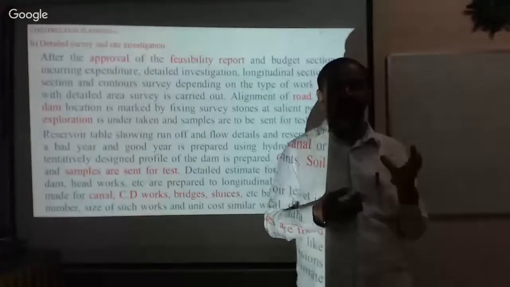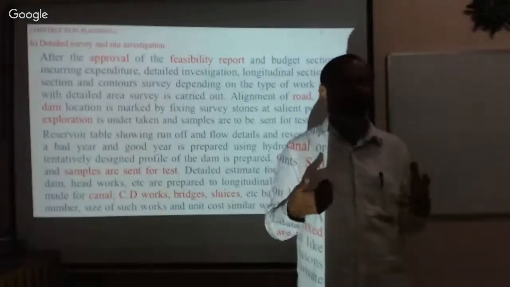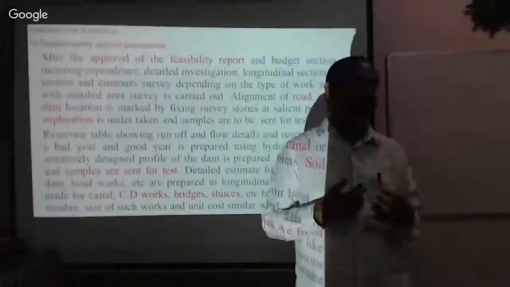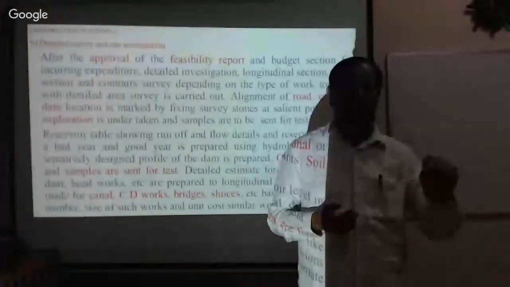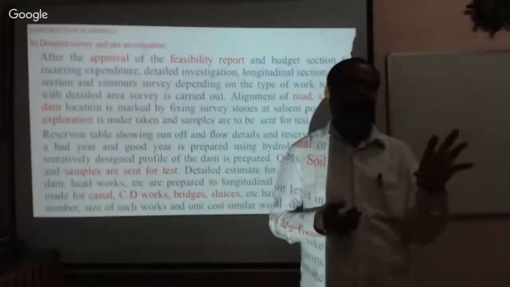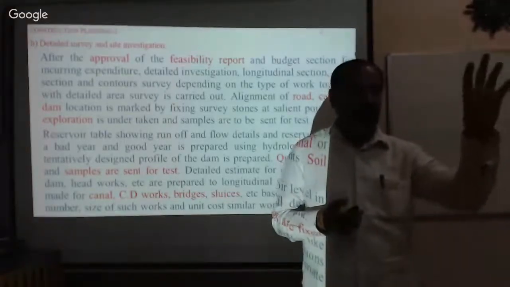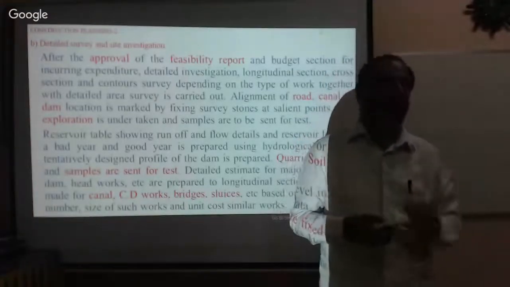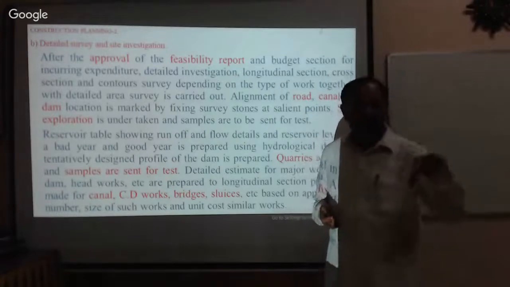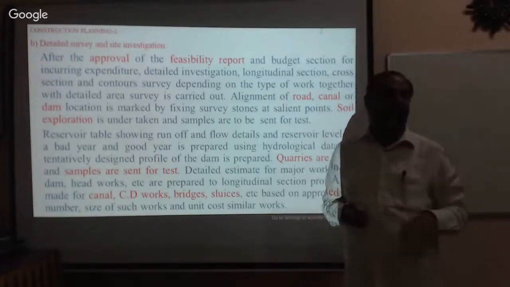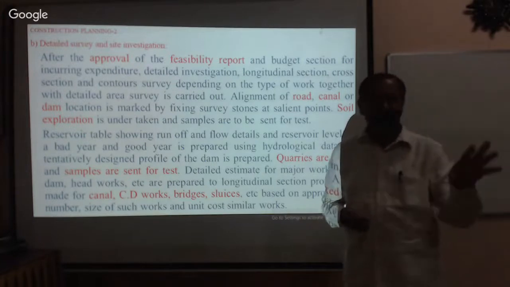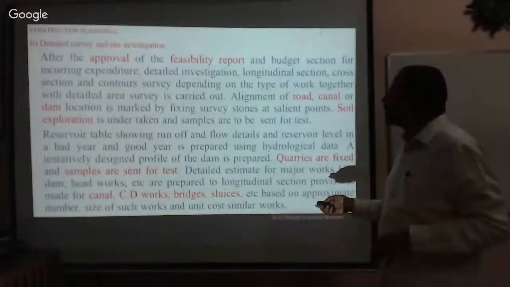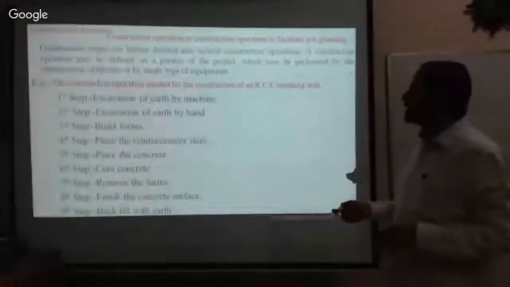For projects worth thousands of crores, we can get them. For small projects, we cannot, therefore we must make the opportunity for locally available technology to be applied, and locally available material must be applied. These are the qualities of management. Therefore, detailed survey and investigation.